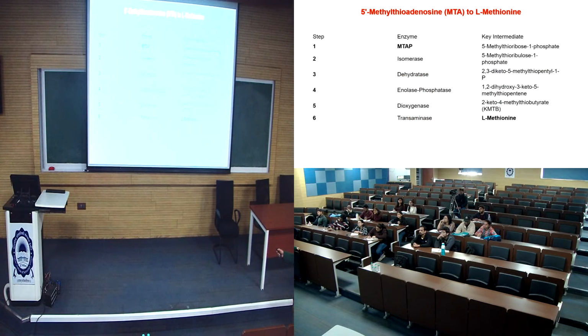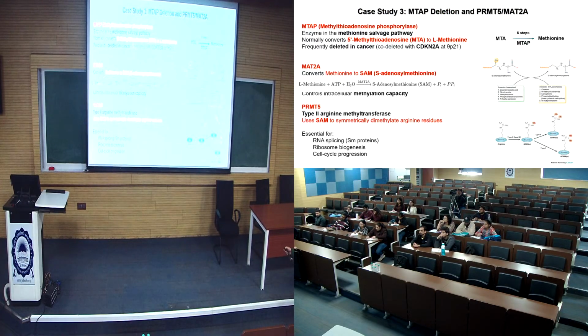So MTAP is used in the first step, and then there are other enzymes. The point is that MTA is converted to L-methionine via MTAP. That is the first step of the reaction. Okay, and MTA is 5-methylthioadenosine. So that's one player you have to remember. This is the function, that it is involved in methionine formation.